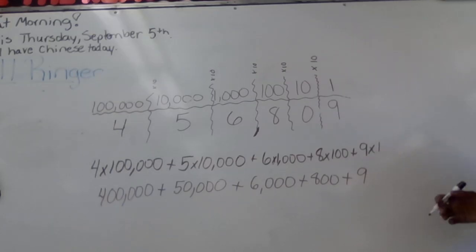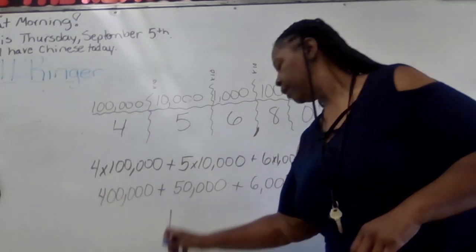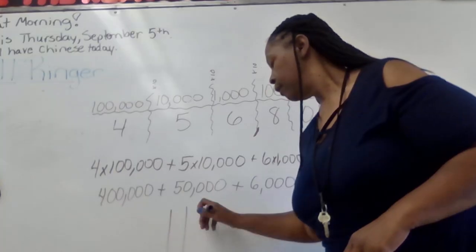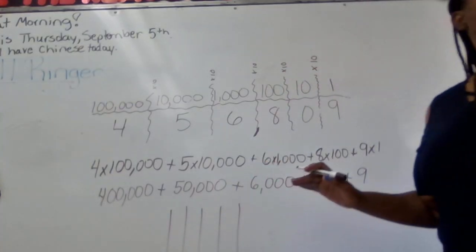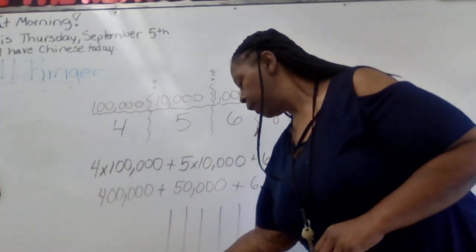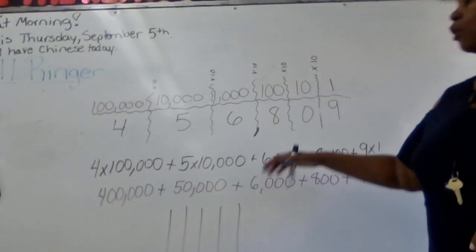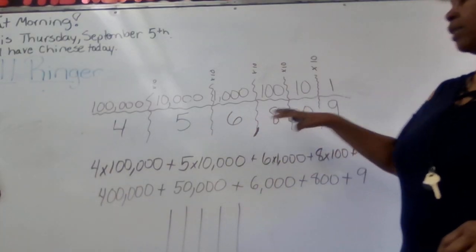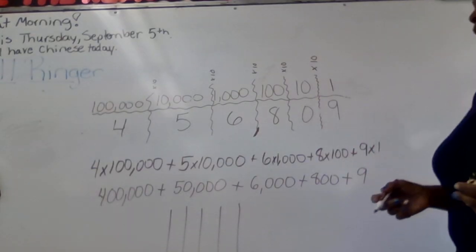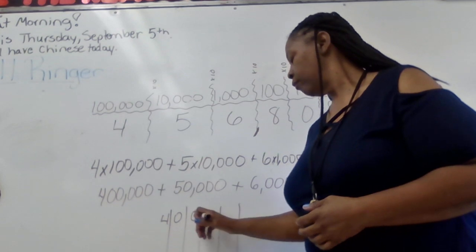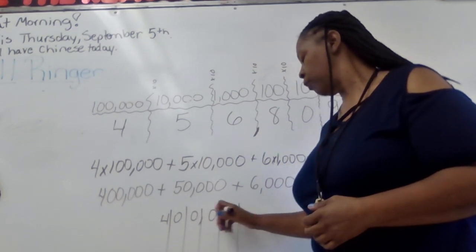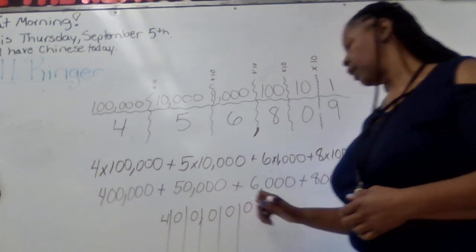Okay? And now to know that we are right, I'm going to put it back and I'm going to add it. And if I end up with my total of 456,809, that will let me know that I'm correct. So I have 400,000. Make sure you have that spot for your comma.